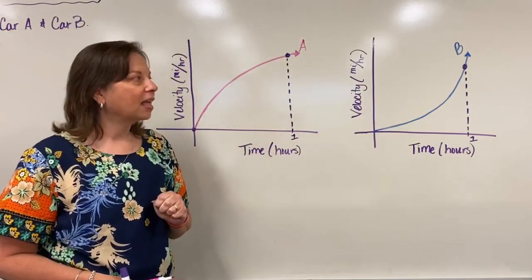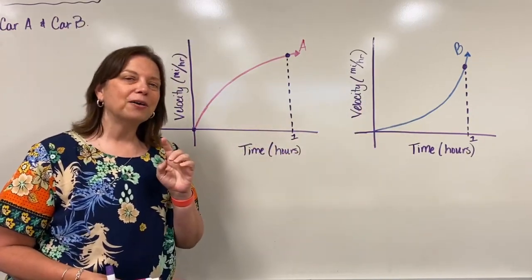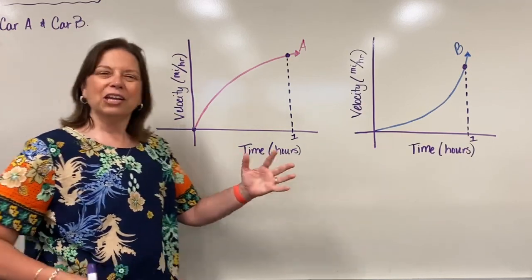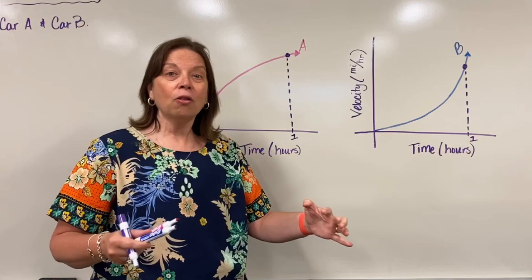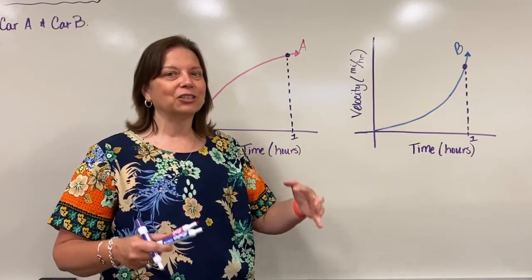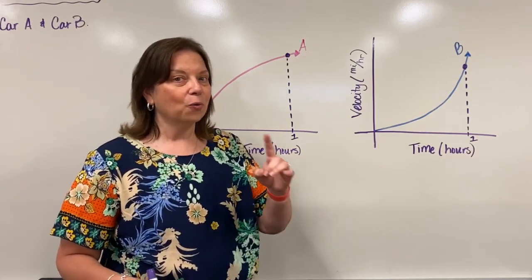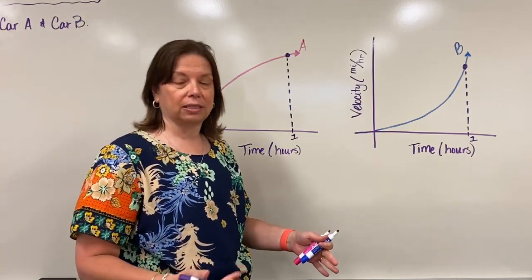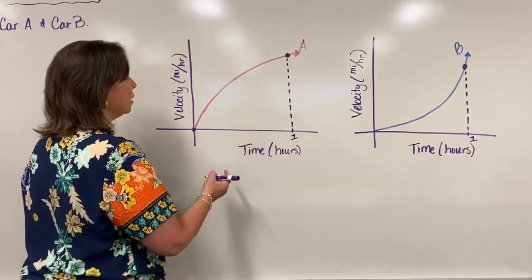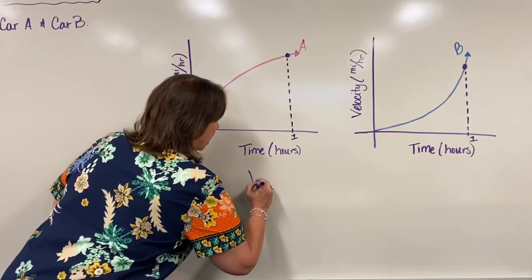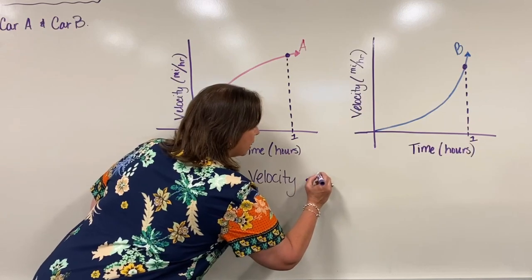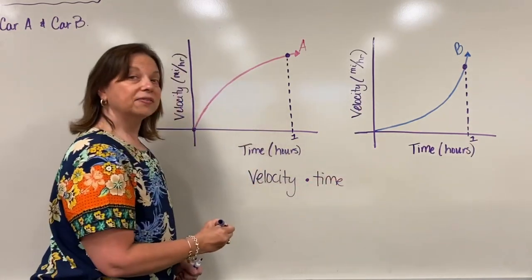of car B. Now, if you're thinking about distance, but you only know velocity and time, can you imagine a way that all three of those quantities actually are connected? Well, hopefully you remember this little fact about those three quantities, that when we take our velocity, or our speed, and we multiply it by time, that gives us distance.